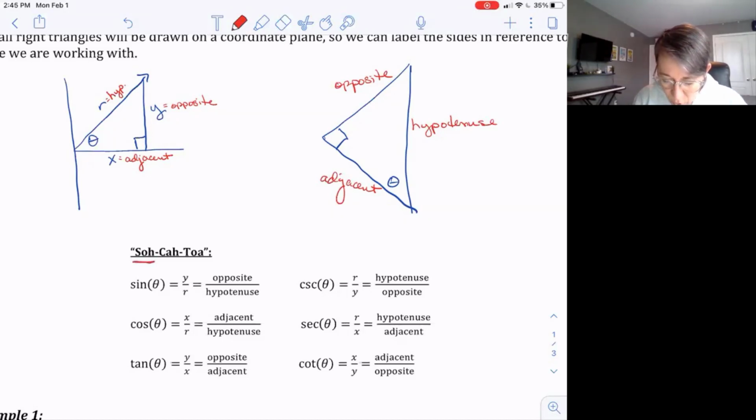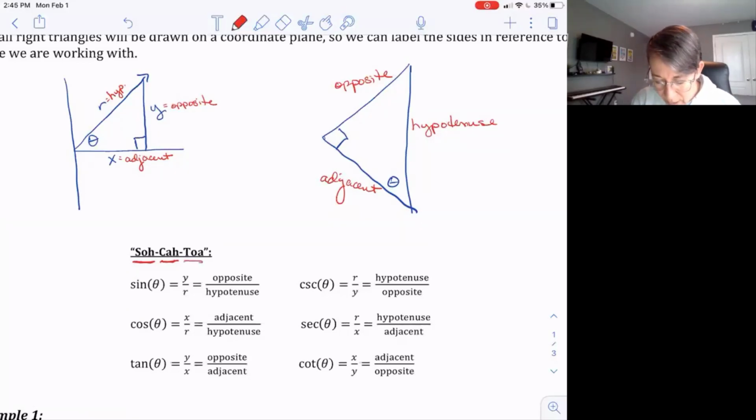That's where the SO in SOHCAHTOA comes in. Sine, opposite, hypotenuse. Cosine is X over R. X is the adjacent side. So we can say cosine of theta is adjacent over hypotenuse, which is where the CAH comes in SOHCAHTOA. And then tangent, being Y over X, is the same thing as saying the opposite side over the adjacent side.